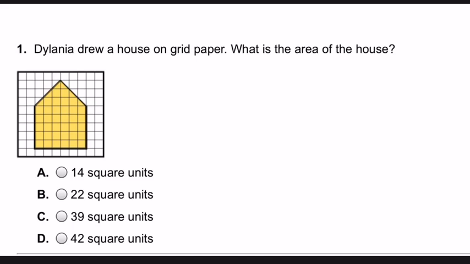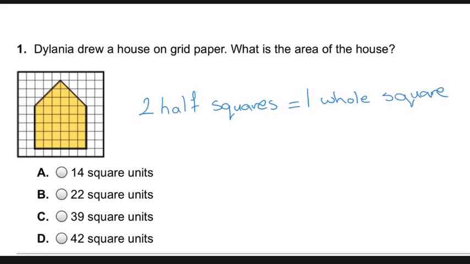We said before that 2 half squares equal 1 whole square. So let's find the area. Again, the area is the square units that are covering the figure. So let's count first the whole squares.